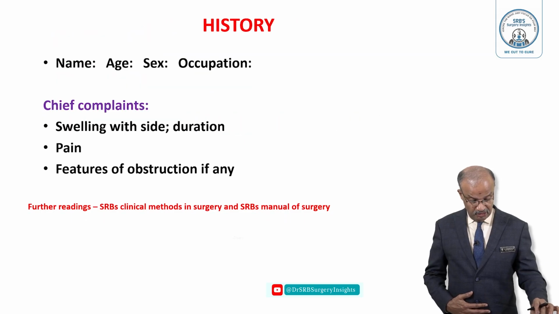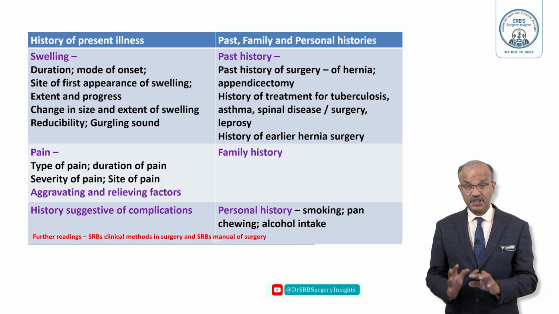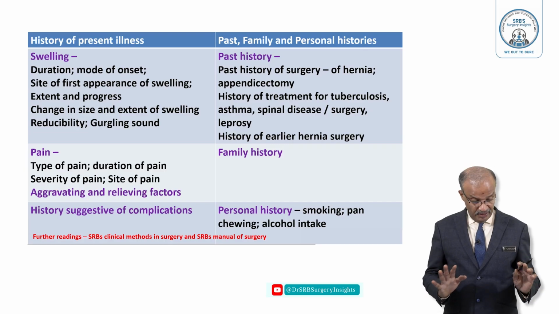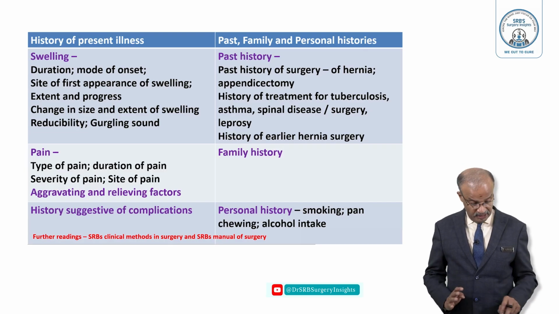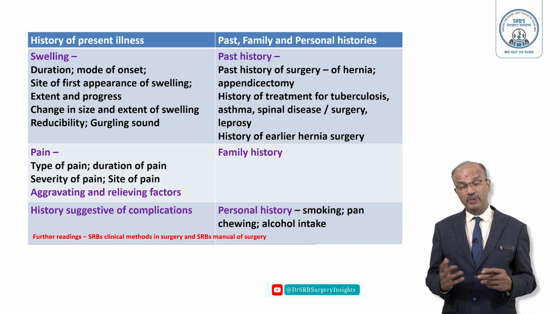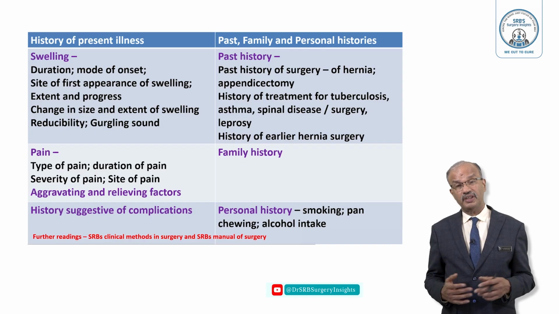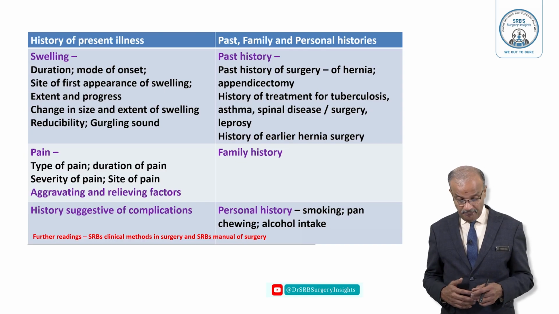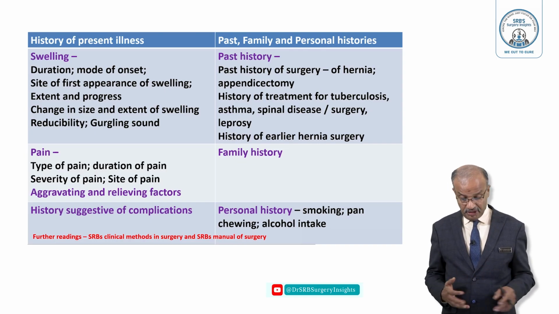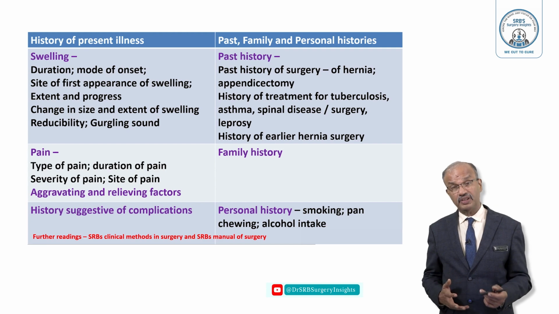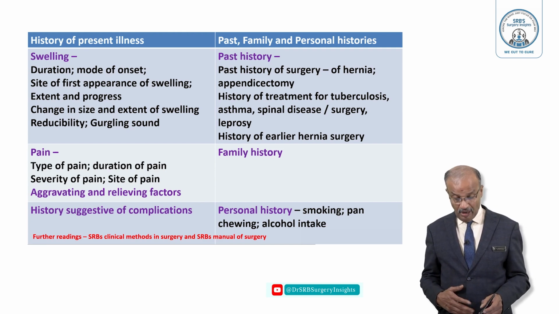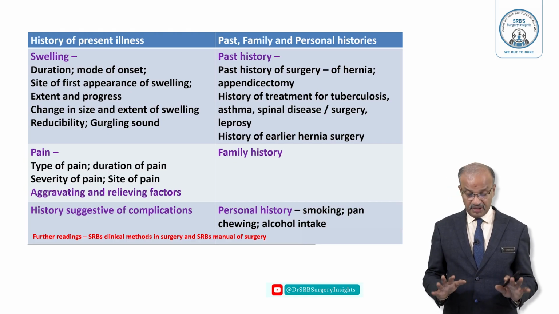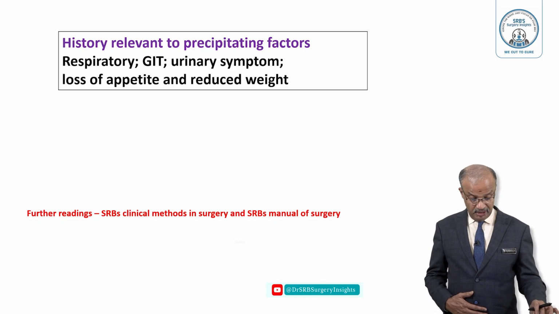I'm not going to detail this; this is how the chief complaint comes. This is the history that you have to take, just go through this slide. Swelling, pain, aggravating and relieving factors; vomiting, distension, constipation, severe pain, irreducibility suggest complications. Previous history of hernia surgery, previous other surgeries, treatment for other diseases, family history, personal history, mainly smoking, pan chewing, alcohol. This slide is important.